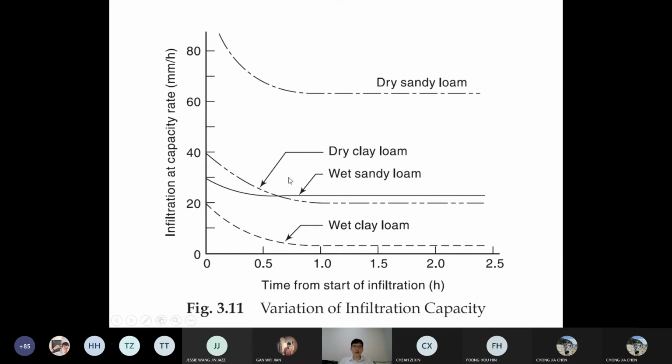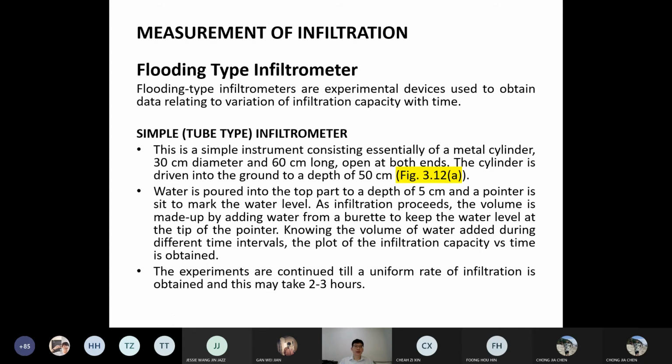For the various types of soil, there will be different abilities, but the curve will be very high at the beginning. After that, it becomes constant. The pattern and trend will be the same.